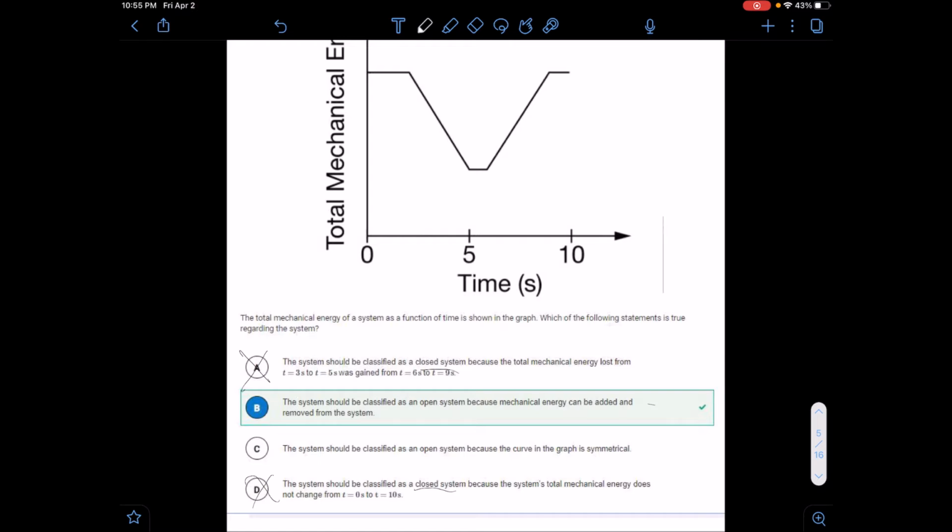Because if we were to think about it, if the total mechanical energy in time were a straight line, and we were to split the graph, they're symmetrical on both sides, right? But that does not mean that it's an open system, so that rules out option B.